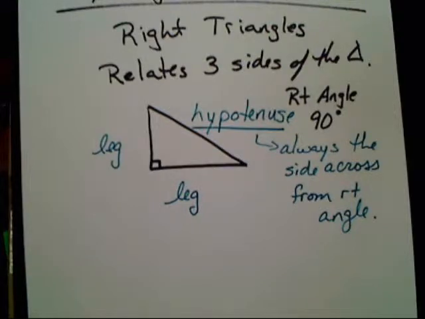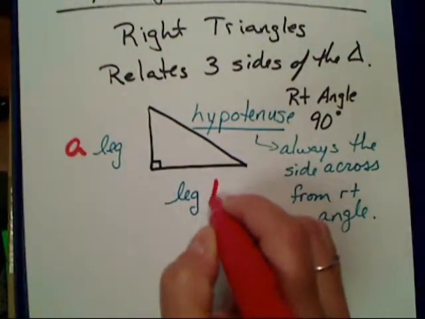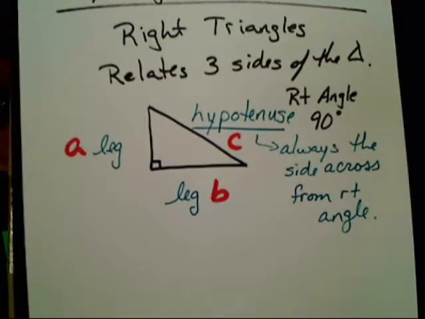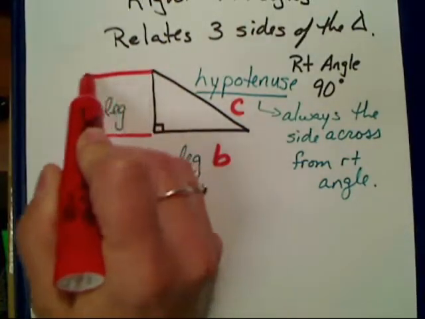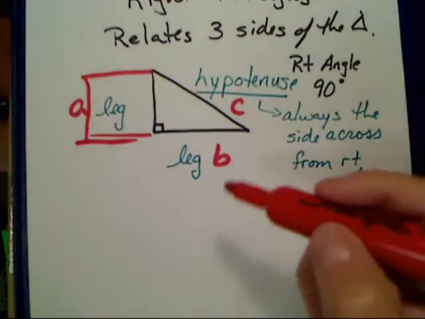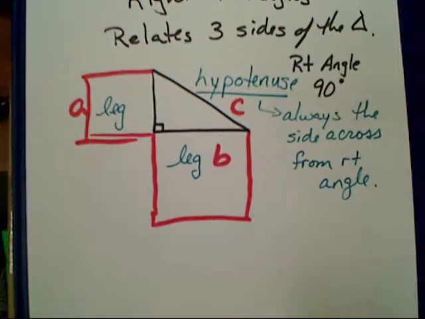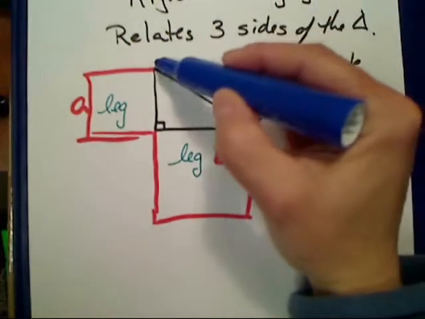Now, for our theorem, the Pythagorean theorem, there's a nice little formula to it. We simply call the legs A and B. Once again, it does not matter which one you call A and which one you call B. The key is that the hypotenuse is always side C. And what was discovered was that if you squared this side, which was essentially creating a square off of here, and if you squared this side, which essentially was making a square off of here, and you added those two together, every single time you had a right triangle, it equaled the C value if you made a square off of there.